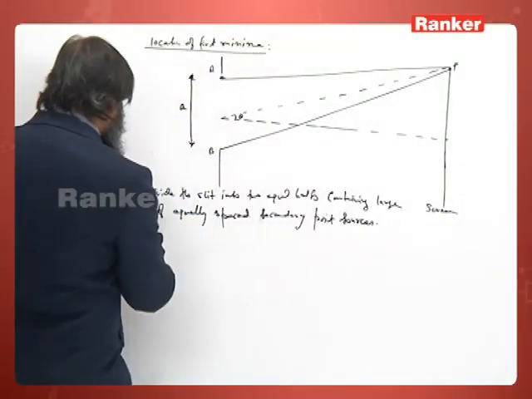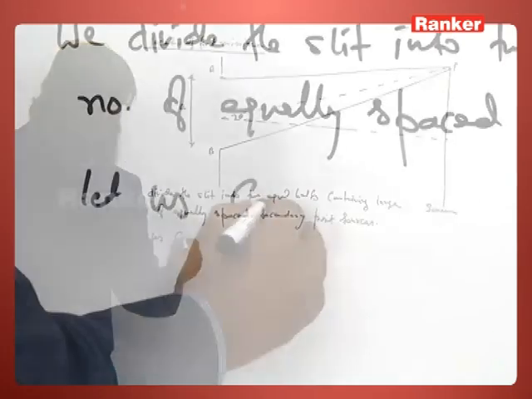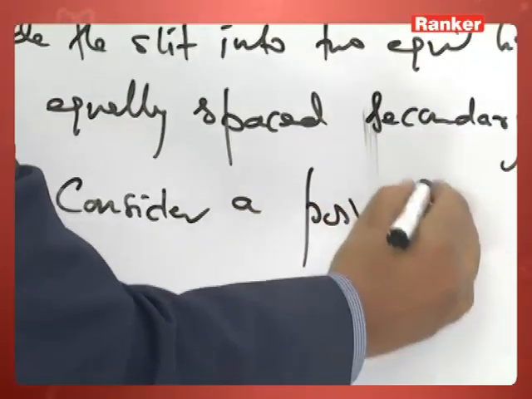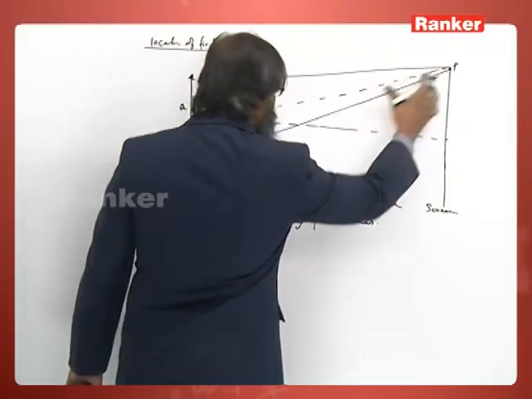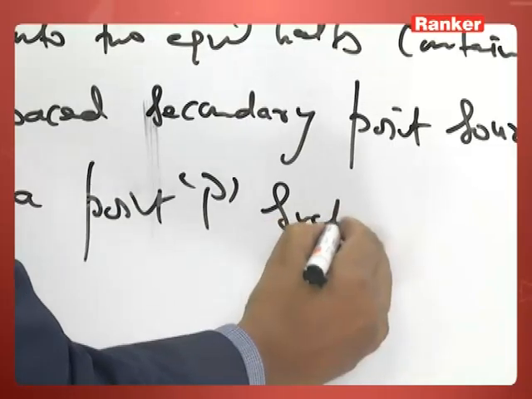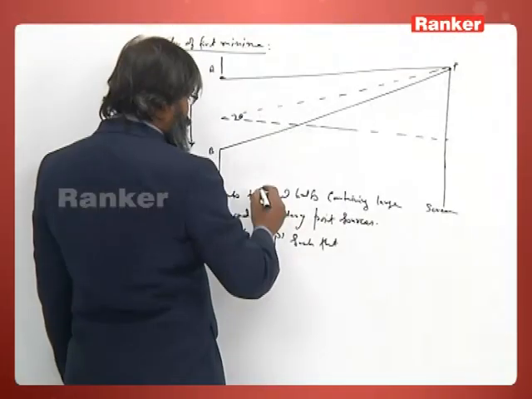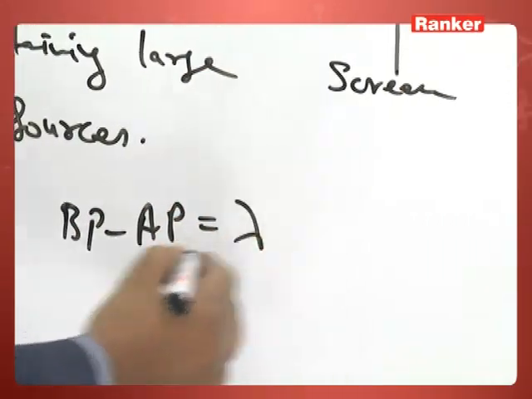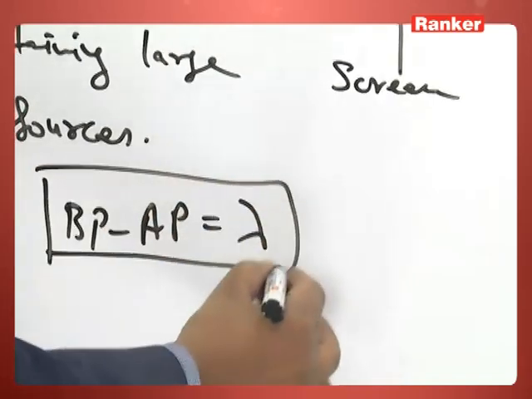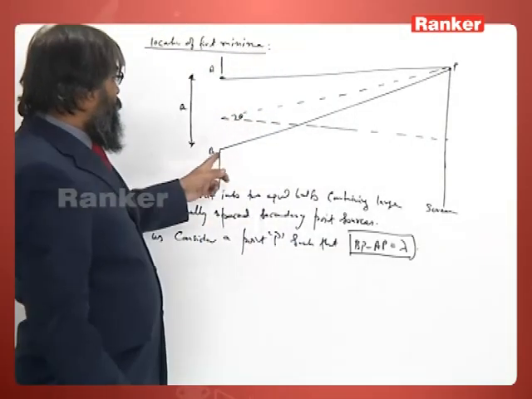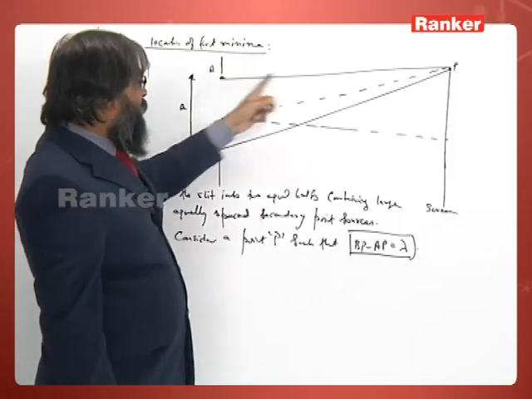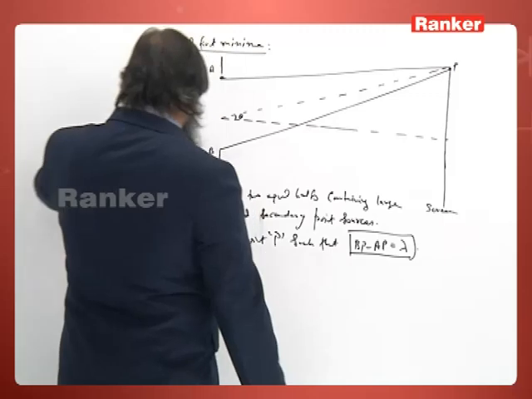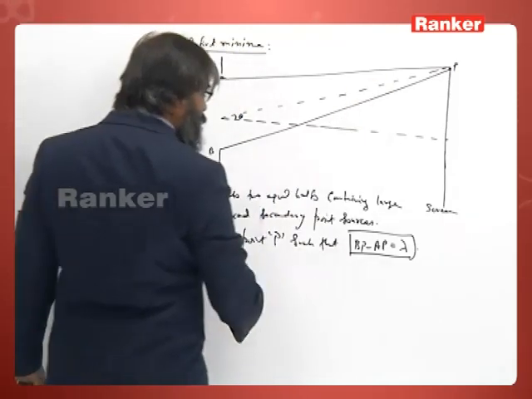Now, let us consider a point P such that BP minus AP is equal to lambda. Very, very important point. BP minus AP is equal to lambda. This is the point where we are going to study the interference.